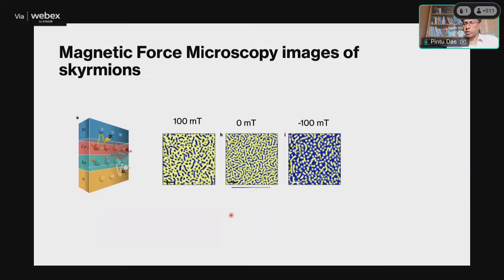So Lorentz transmission electron microscope is one way to image the magnetic skyrmions. Also, there's magnetic force microscopy. If you look at the literature, there are now many papers and reports where images are shown which were taken using magnetic force microscopy. Right, so this is one such image of a metallic multilayer.